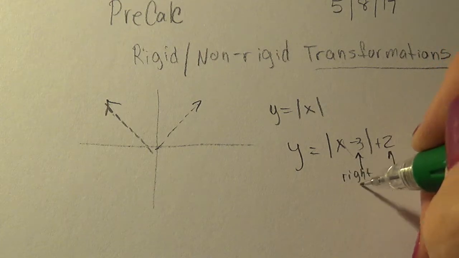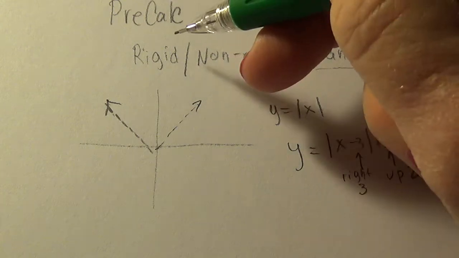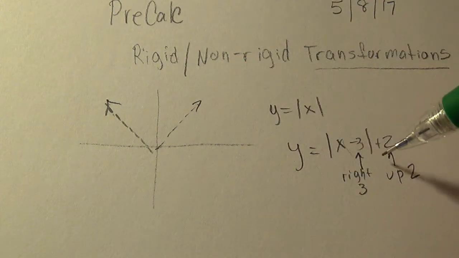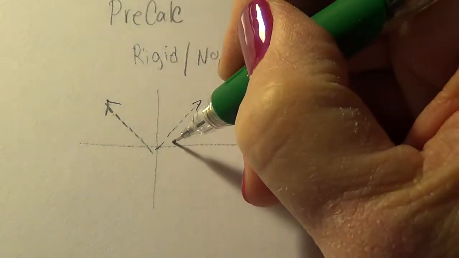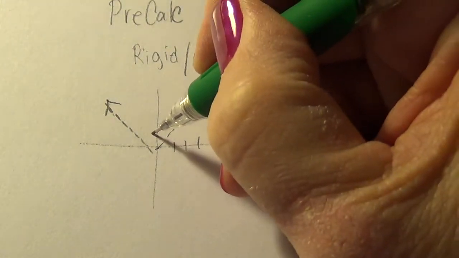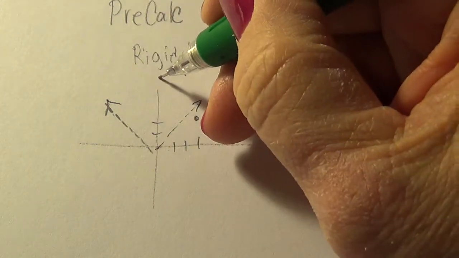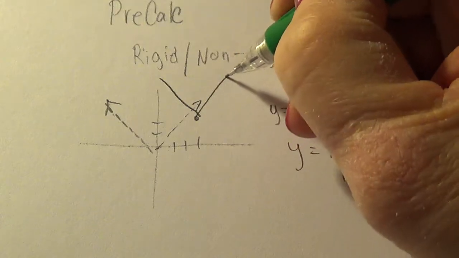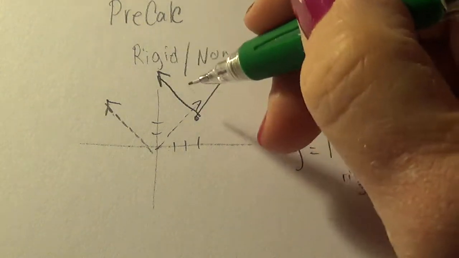We've had this before when we studied exponential and logarithmic functions. So this sort of rigid transformation is a review. We're going to go to the right 3 and up 2. So right there, and this function is now going to appear at this spot. But notice the shape is the same.